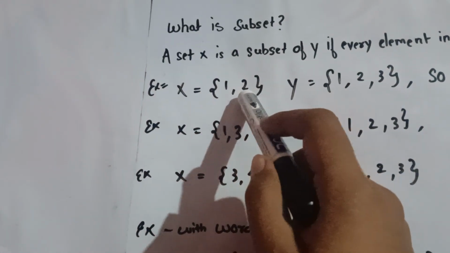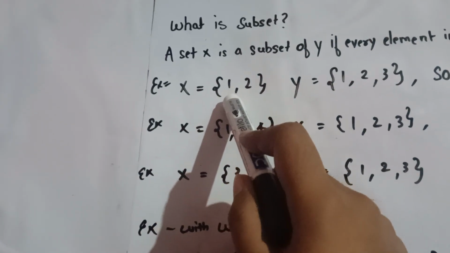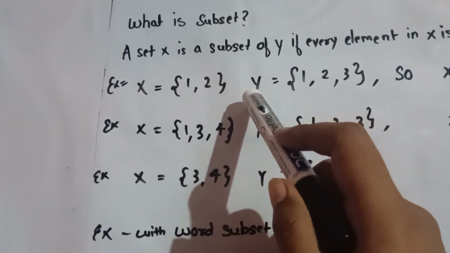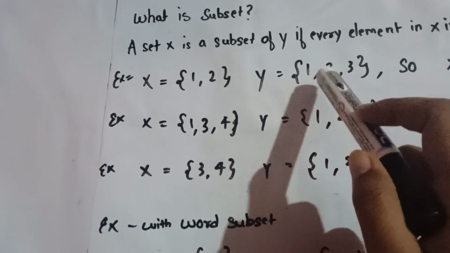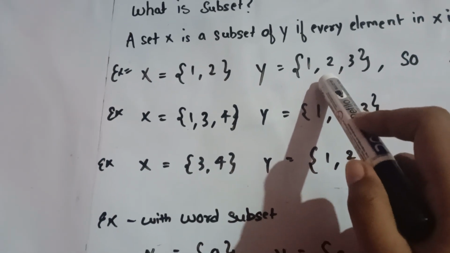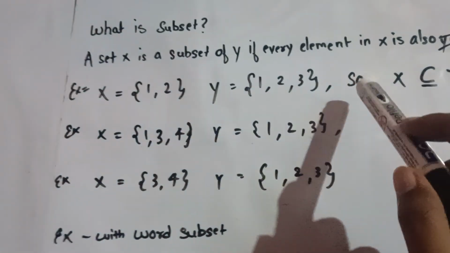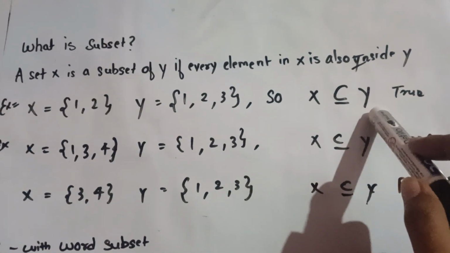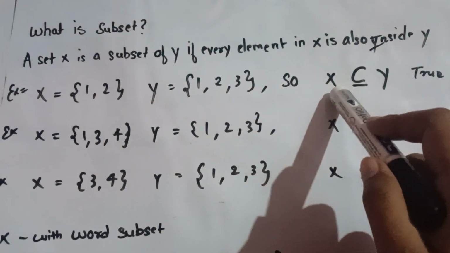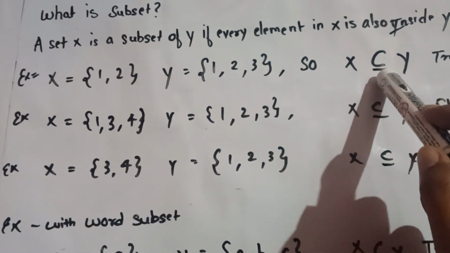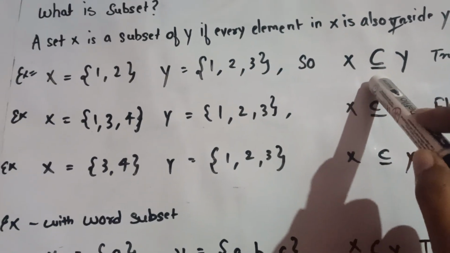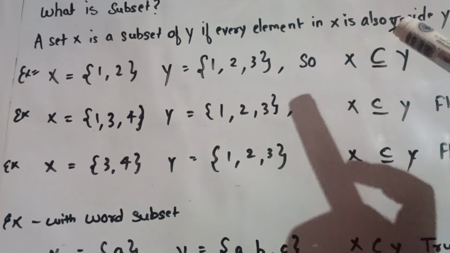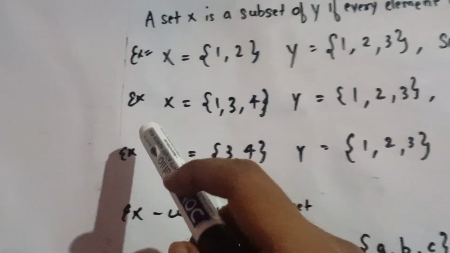Because the set X has 1, 2, so Y also has 1, 2 in its set, so X is the subset of Y, which is true. And we note this with the subset symbol, which is here, C underscore, denoted for the subset.